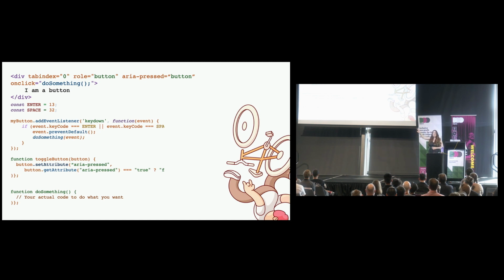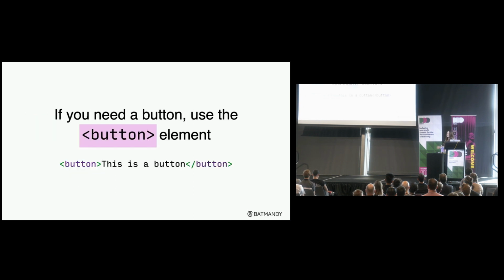At least. This isn't even everything that you need to do. I couldn't fit it all on the slide without making my text real tiny. So by the time you've written all this code and your unit tests for it and you've tested it and maybe you've done an integration test to make sure that the actual thing works, you could just use the button element and be done.